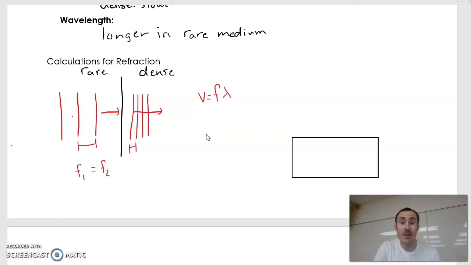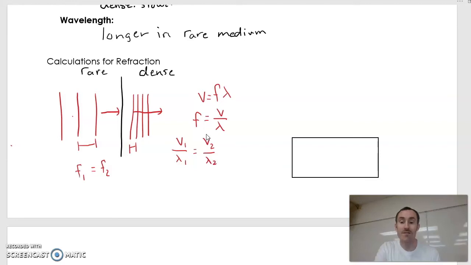And so we're going to rearrange this formula for frequency to show a relationship here. So frequency equals velocity or speed divided by wavelength. Okay, so we know that frequency 1 is equal to frequency 2. And so that means v1 over λ1 is equal to v2 over λ2.